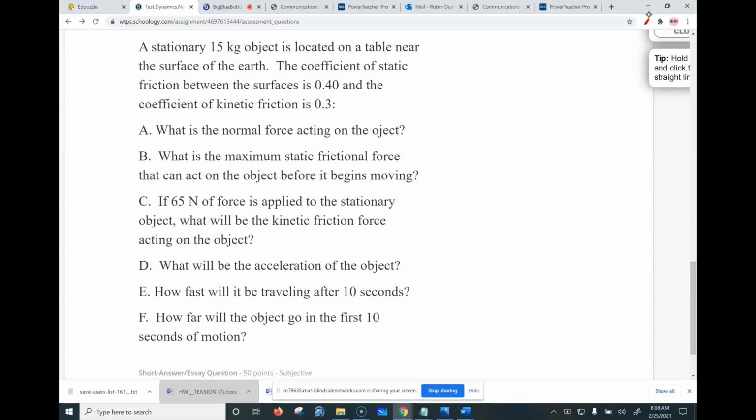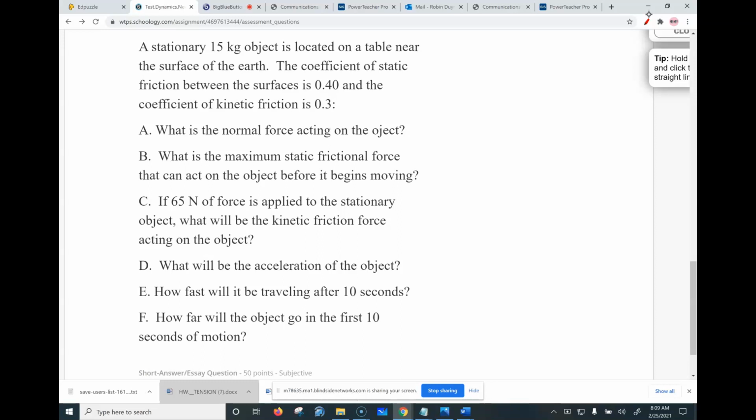And we did classwork and homework a little while back, but it should be in your notebook. And we said, let's find the maximum static friction first. And then we know that if I push on that object with anything less than that maximum static friction, it's still not going to move. Once it starts to move, then it's easier because our static friction and kinetic friction are different.